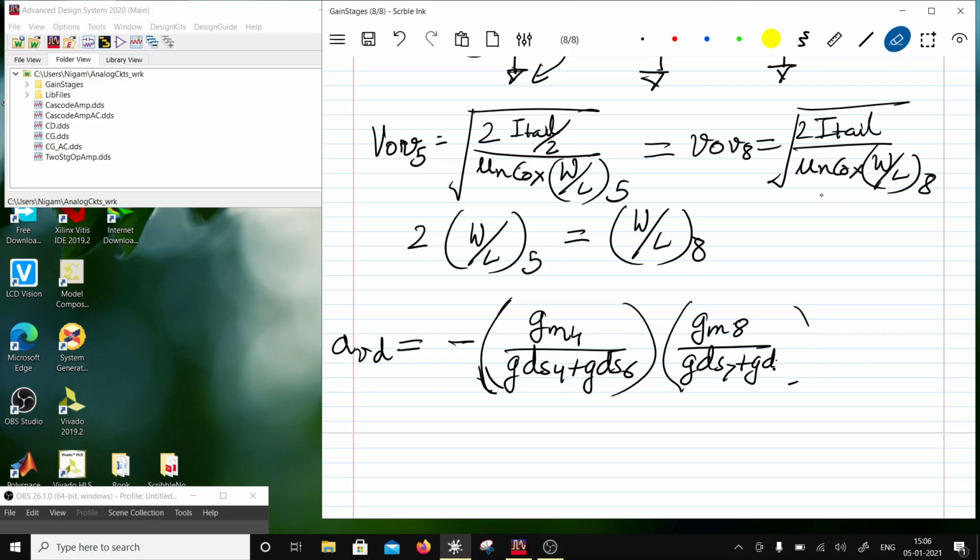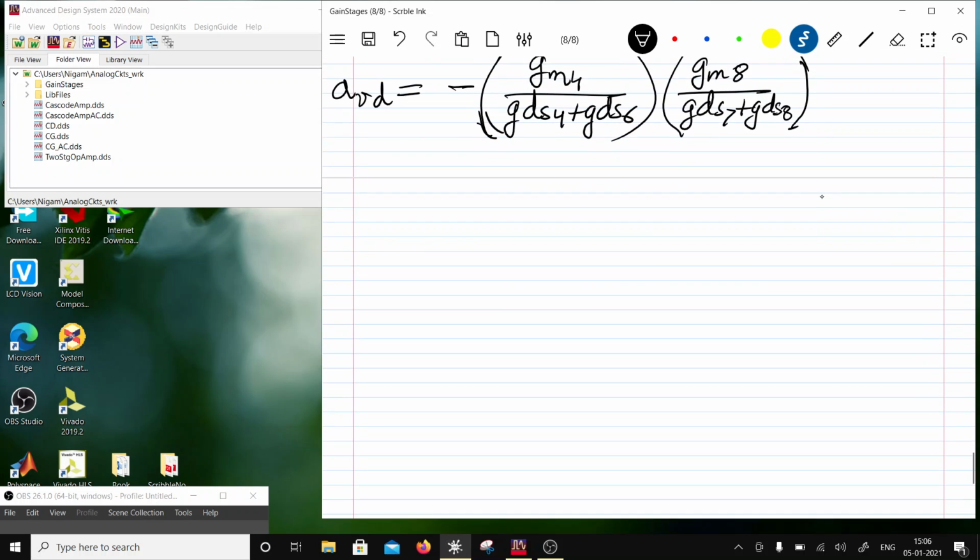What I'm going to cover now is, up till now in all the amplifiers I have been dropping out capacitors, right? So I've been doing low frequency analysis and opening out all the capacitors. Now what I'm going to do is a high frequency analysis where I will consider all the capacitors. So to start with, I would have a common source amplifier.